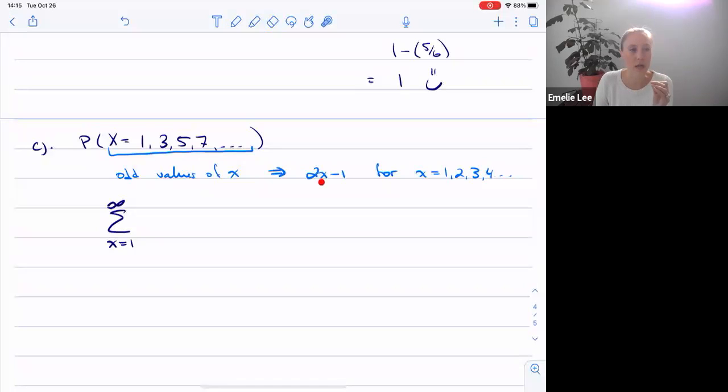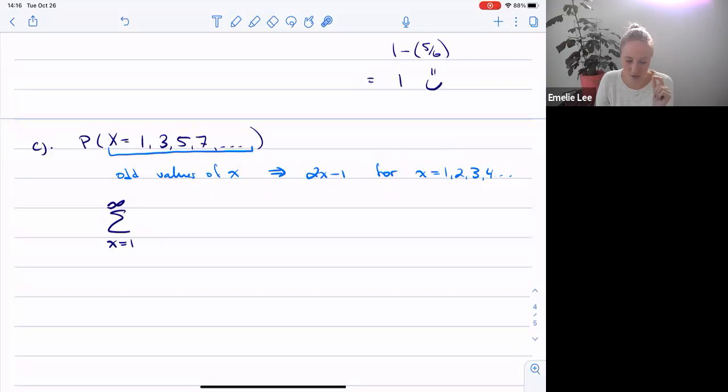And so if odd values starting at 1, if I plug in x equals 1 here, 2 times 1 minus 1 is 1, good. If I plug in x is 2 here, I get 2 times 2 is 4, minus 1 puts me at 3. So far, so good, right? This is the pattern that I want.